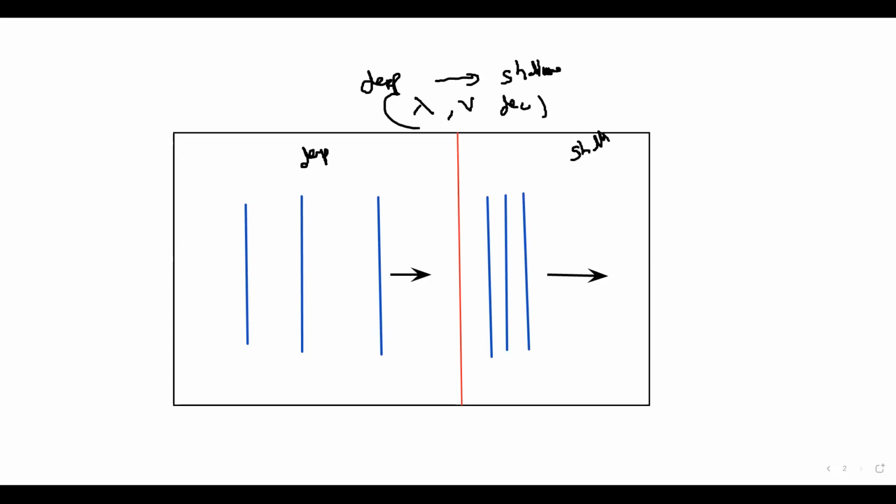But if the wave is making a certain angle, like part of the wave is in a deep region and part of the wave is in a shallow region, what will happen in that case? So this is a boundary for the deep and shallow regions, and these are the wavefronts.